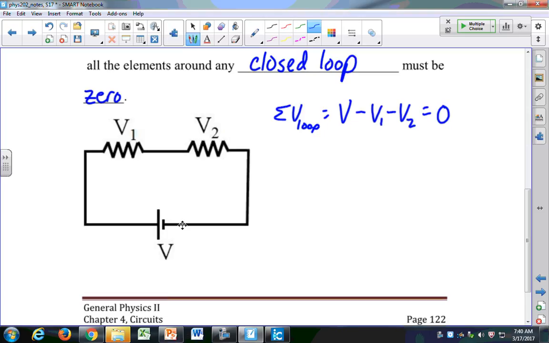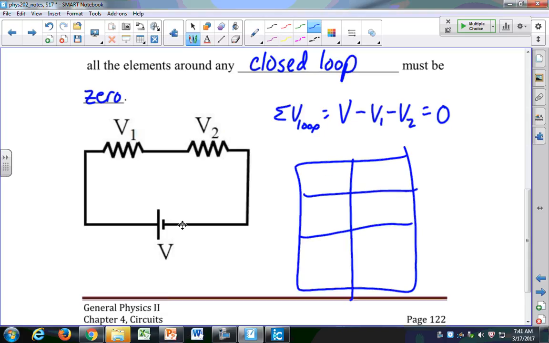The great thing about the loop rule is, look, you can have a very complicated circuit with lots of different things going on. Resistors here, batteries, resistor. You can just have this mini looped circuit, and I can take any single loop within there. Like, for example, I could take this loop and say the sum of the voltages equal to 0. Or I can take this loop and say the sum of the voltages equal to 0. So I don't have to consider the entire circuit.